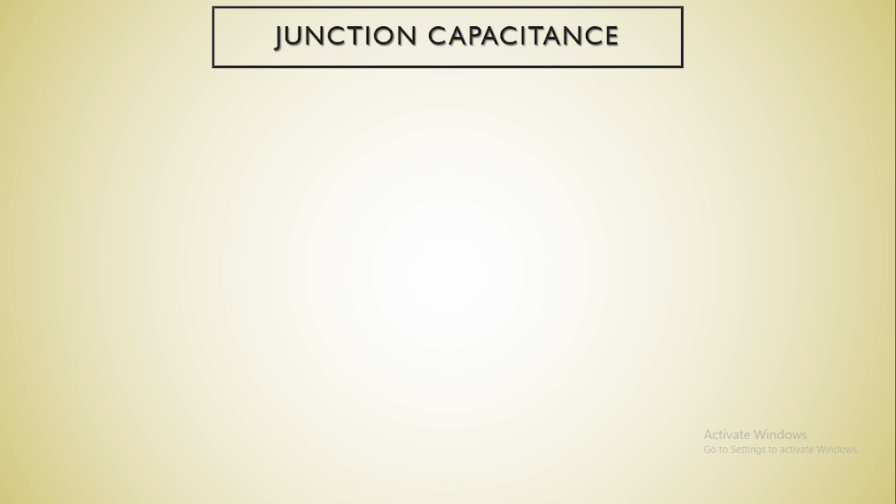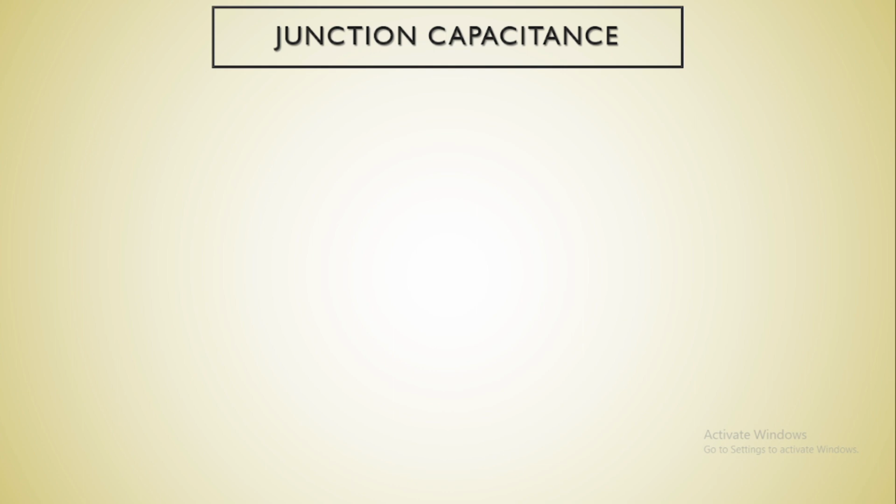So our main concentration will be on the depletion region, and capacitance is nothing but the ability to store charges. So what actually is a junction capacitance and how to determine that is our today's topic.